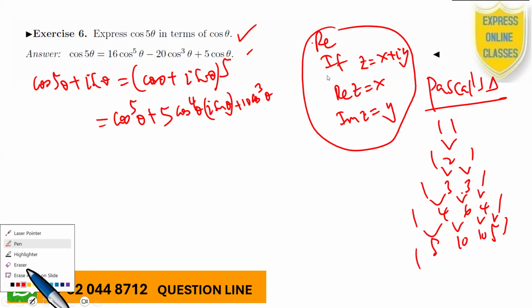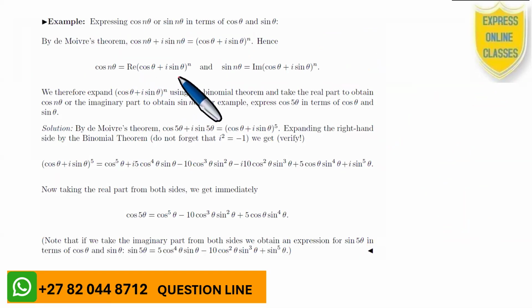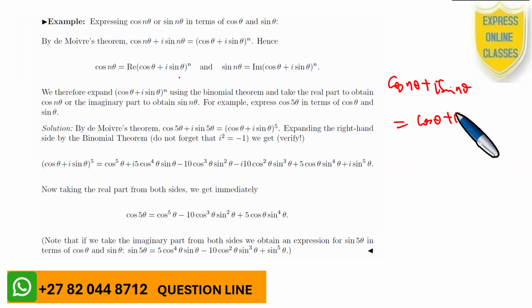Starting from the margin. Yeah, so they've taken the real part of that. Because if you take the real part of this, yeah, that's correct. Because now if you take cosine n theta, i sine n theta, this is cosine theta plus i sine theta.